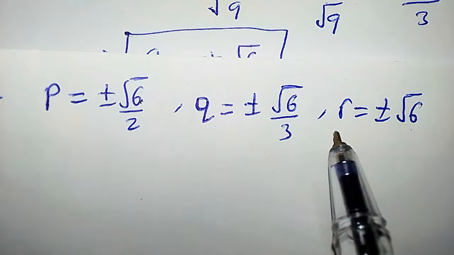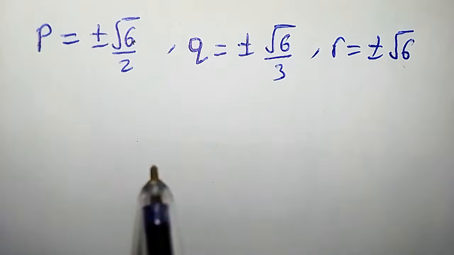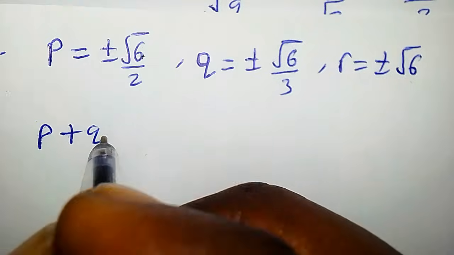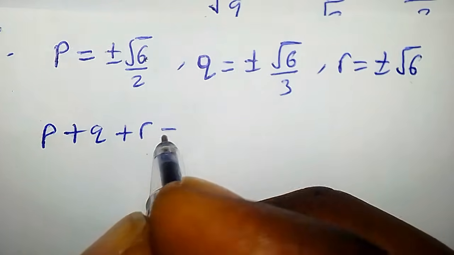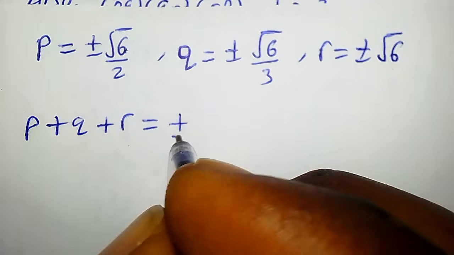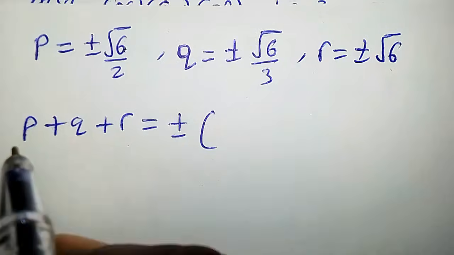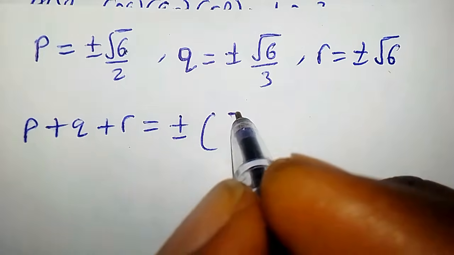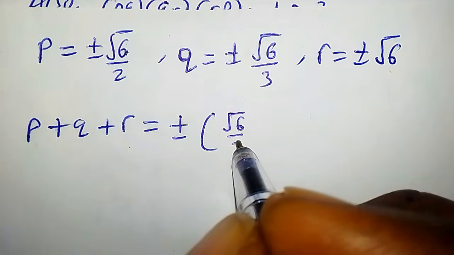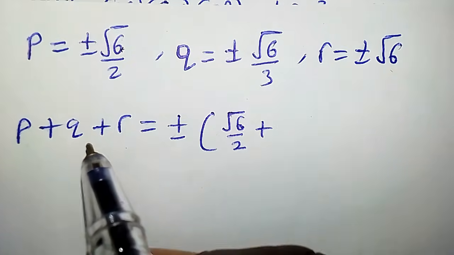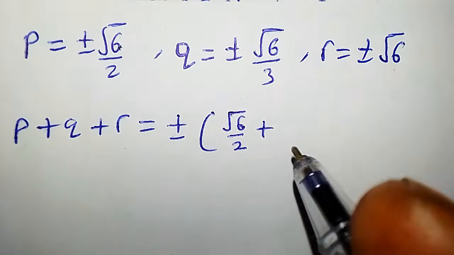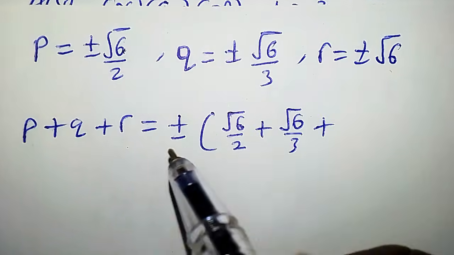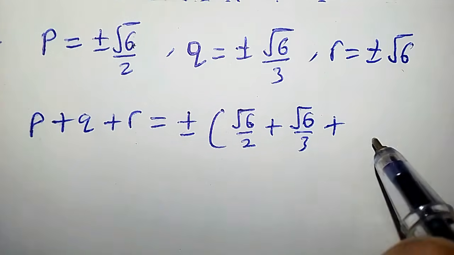Using these three values, we can easily obtain the value of P plus Q plus R equal to plus or minus open bracket, square root of 6 over 2 plus square root of 6 over 3 plus square root of 6.